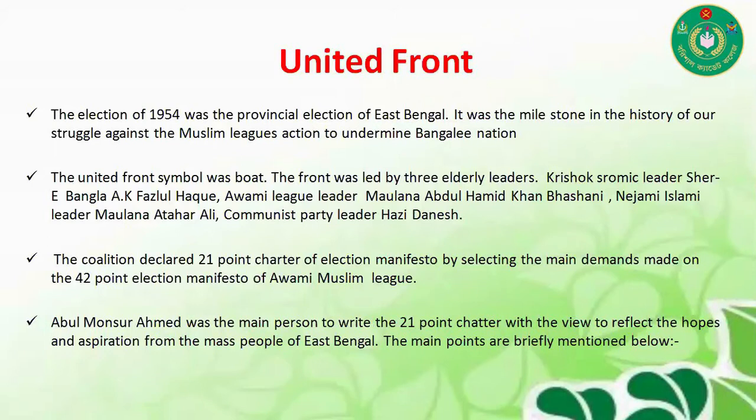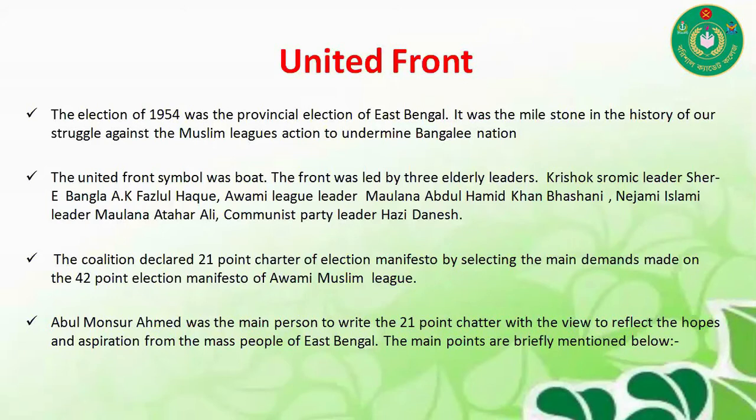The United Front's symbol was the boat. The front was led by four elderly leaders: Shramik leader Sher-e-Bangla A.K. Fazlul Haq, Awami League leader Maulana Abdul Hamid Khan Bhashani, Nizam-e-Islami leader Maulana Athar Ali, and Communist Party leader Haji Danesh.